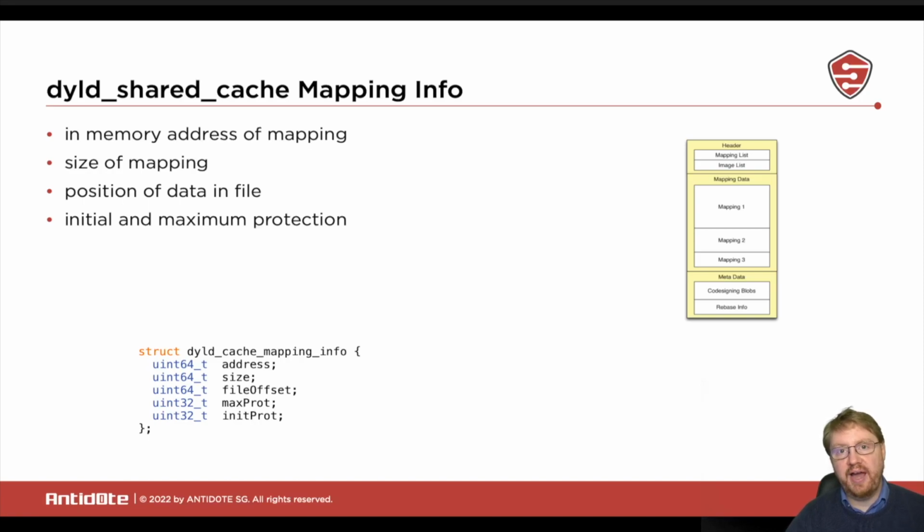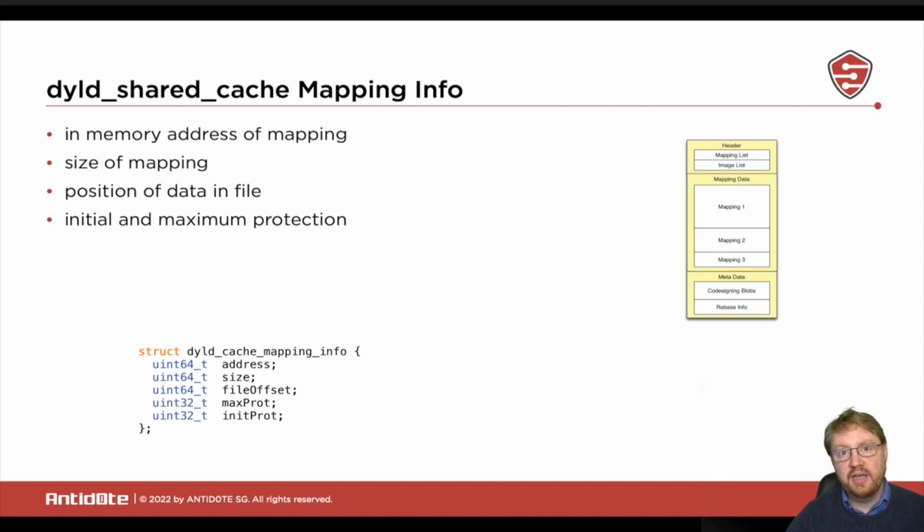I told you every cache defines the mappings inside the cache. And so they used to be defined via the structure. So basically, you used to have like 3 mappings in here. And so you have the address, the size, the address in the file, and then you have the protection level.